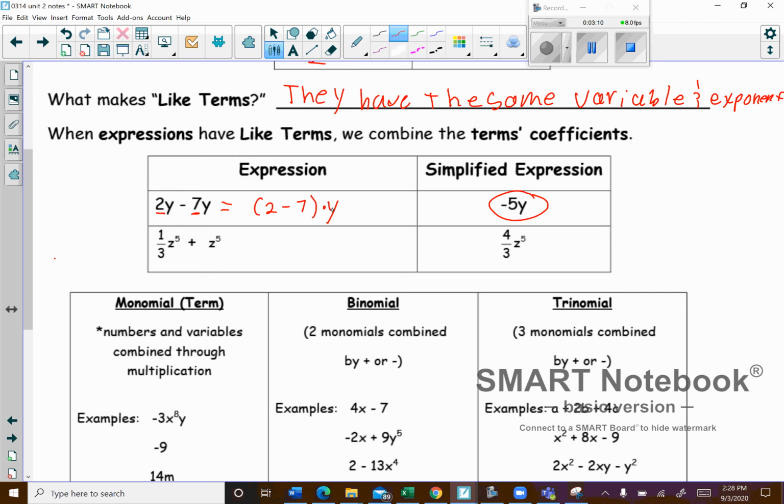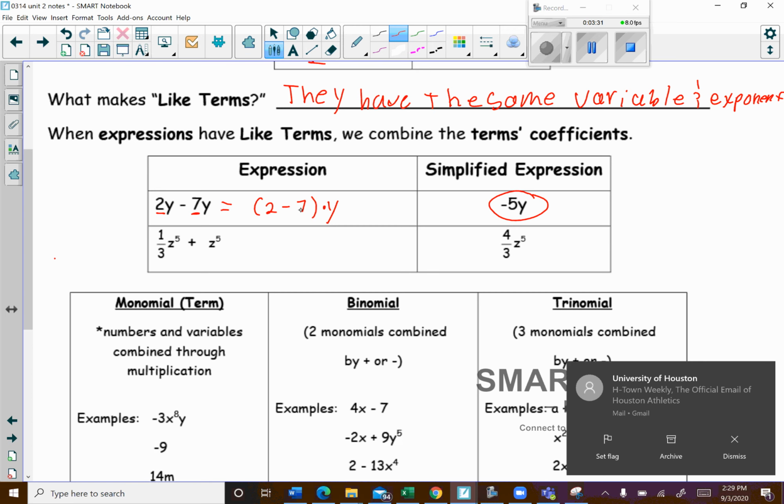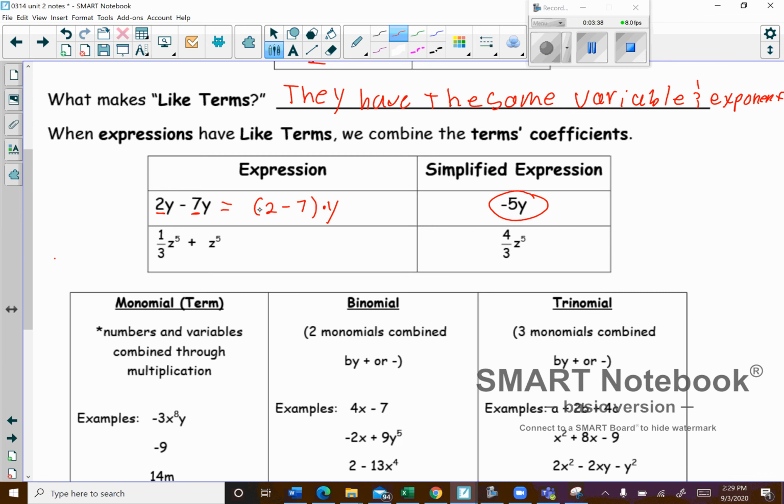If I were to distribute that, if I were to multiply that back in, I'd have 2y minus 7y. But I don't want to do that here. What I did was I took that y out, and then I did 2 take away 7, which gave me that negative 5 right there. Okay, and it'll make a little bit more sense once we get into our factoring and all that good stuff.